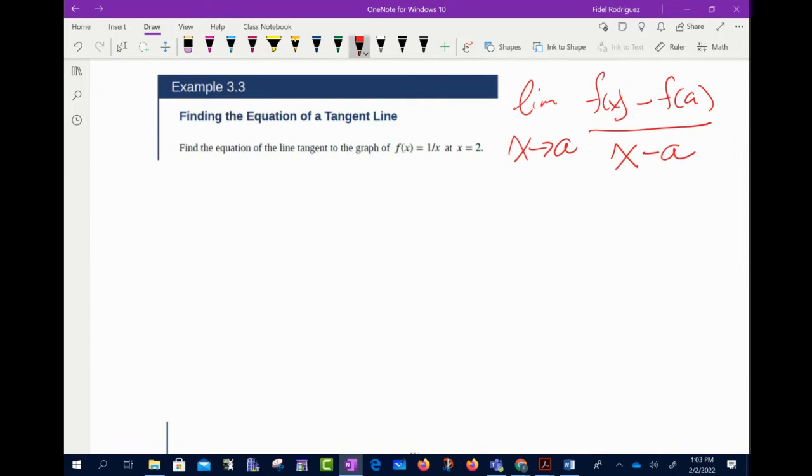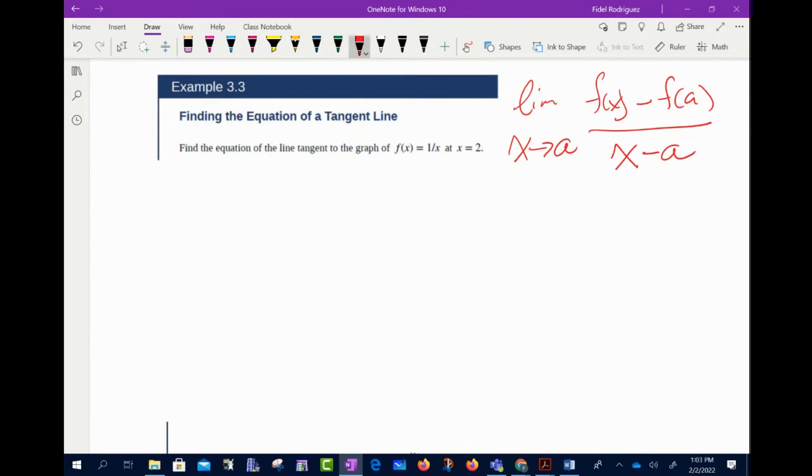The problem that we did a little while ago, we basically did 2 versions of that problem, right? And this was like the first way we did it. So we can do it like this, or we can use that other difference quotient where we have f of a plus h minus f of a all over h, and you take the limit as h goes to 0. But you're basically going to use one of those 2 versions.